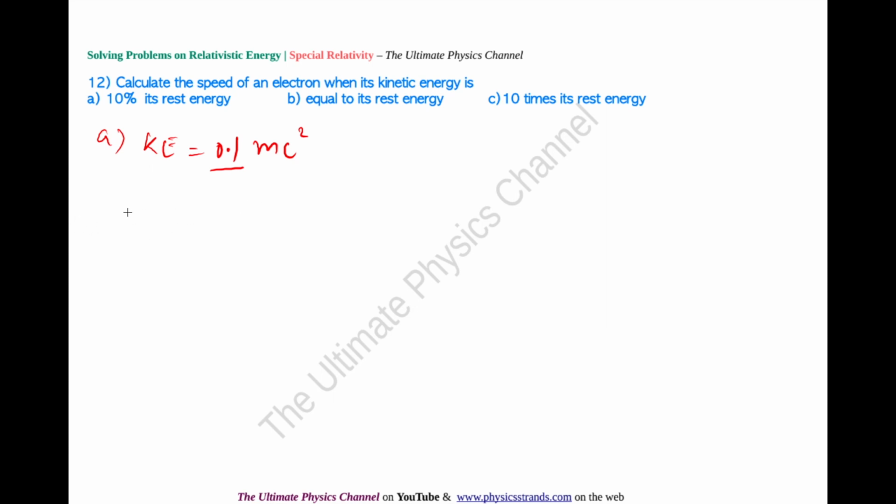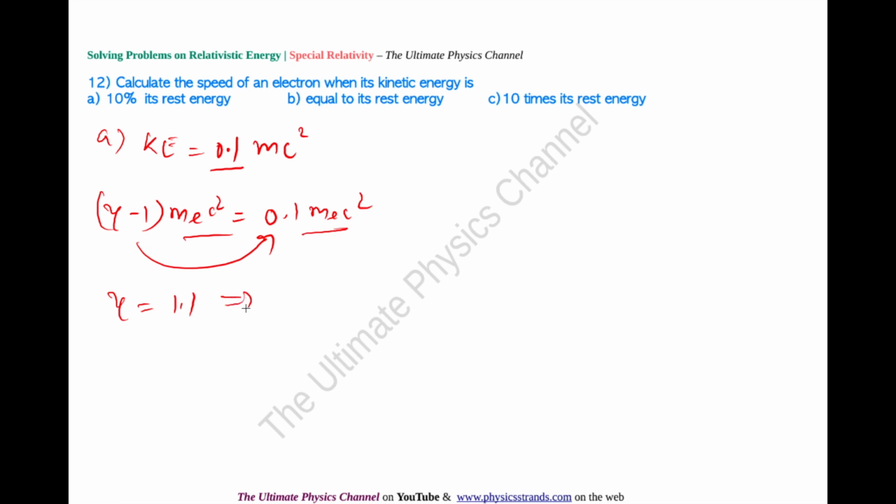That means in my expression (gamma minus 1) m_e c squared for the kinetic energy, I get 0.1 m_e c squared. Comparison tells me that gamma minus 1 is 0.1, therefore gamma is 1.1. For this gamma, if I calculate the u, I get 0.4166c. So I have calculated the speed for the first case.